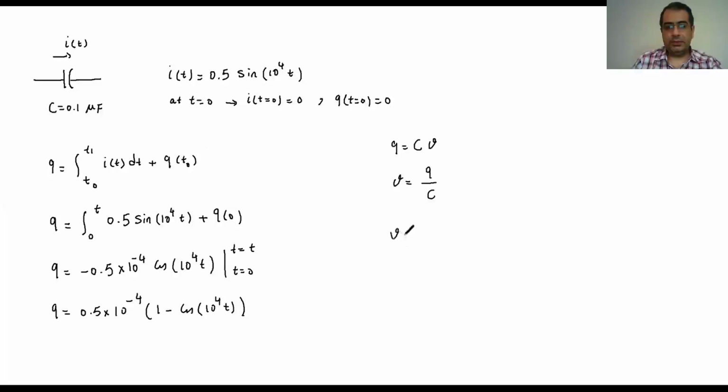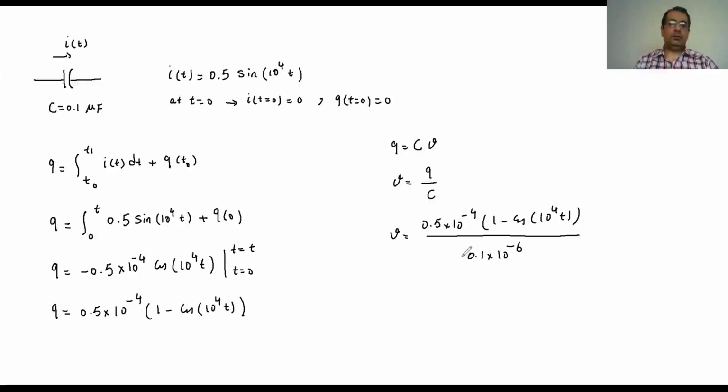So this Q, this value here: I have 0.5 times 10 to the negative 4, times (1 minus cosine 10 to the 4 times t), and then divided by C, which is 0.1 times 10 to the negative 6. So that's the value of the voltage in this capacitor. That's how the charge and the voltage are going to behave.